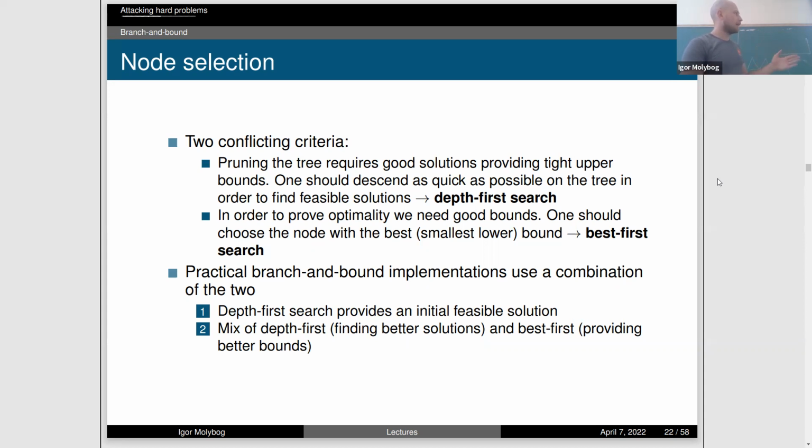By using pruning by bound. Therefore, it makes sense for you to pick a node to explore.